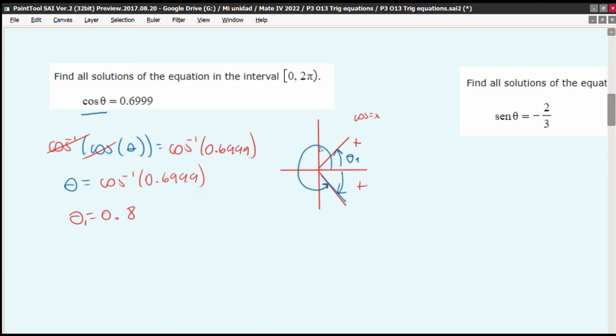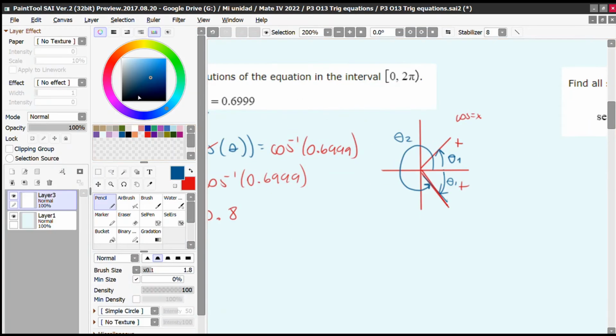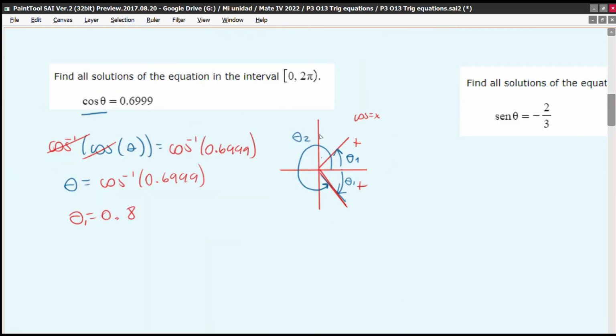So instead of looking at this, we're going to have to find this angle, okay? But remember, these two angles that are drawn in red have the same reference angle. So from here to here, my value for that angle is theta 1, but also from here to here, we have the exact same reference angle. So this other angle that goes all the way here, which is theta 2, is just going to be a full spin minus theta 1.